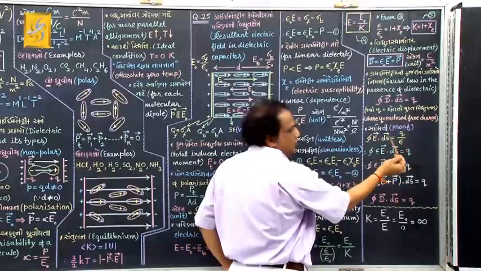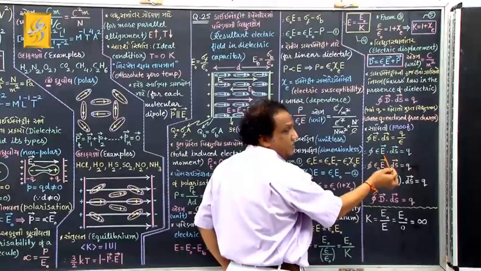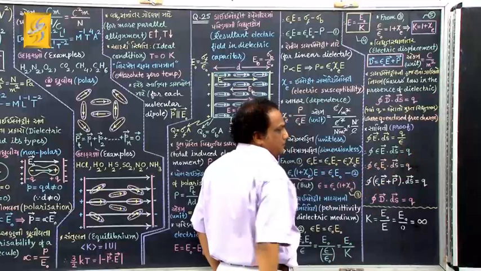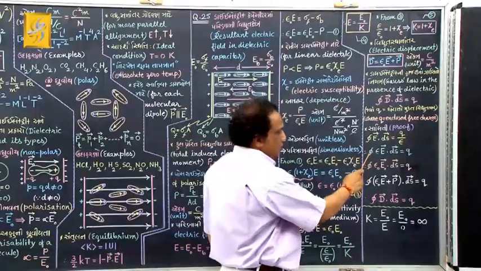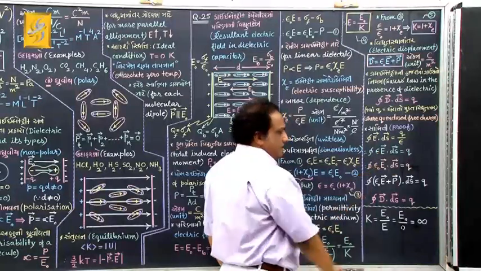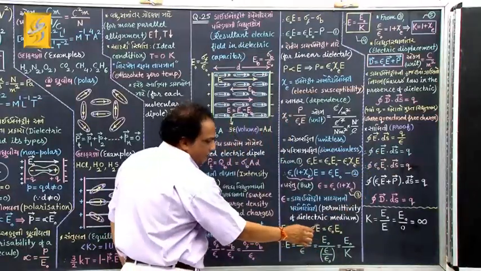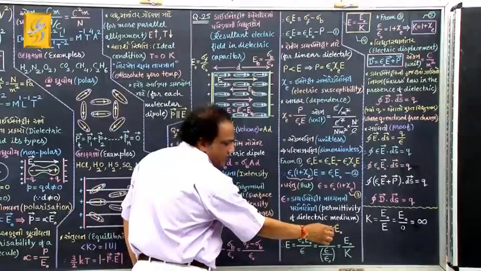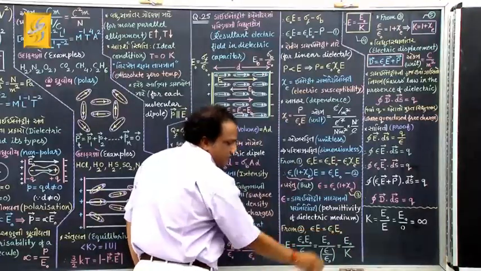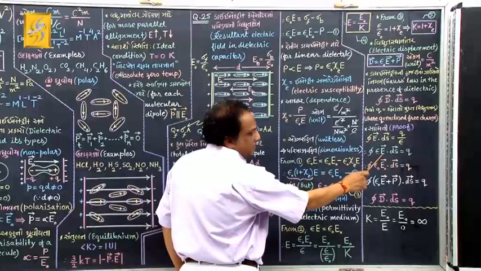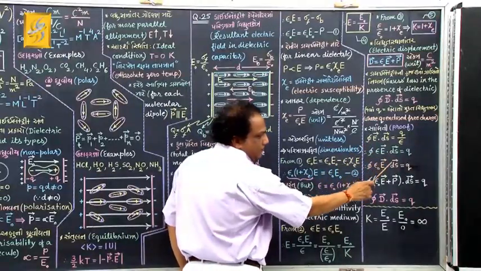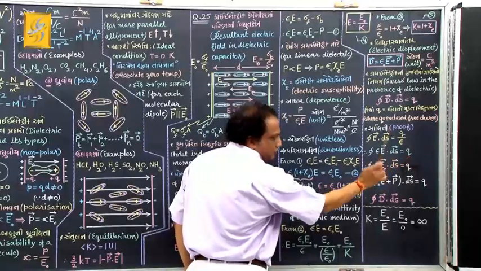When you transfer this epsilon over here, it is epsilon into vector E dot vector ds, and that equals Q. Now tell me, this closed surface integration as it is, instead of epsilon vector E, when you write the vector sign here, here also you may write the vector sign. So epsilon vector E will be epsilon 0 into vector E0. Epsilon vector E is nothing but epsilon 0 into vector E0 dot vector ds, and that equals Q.